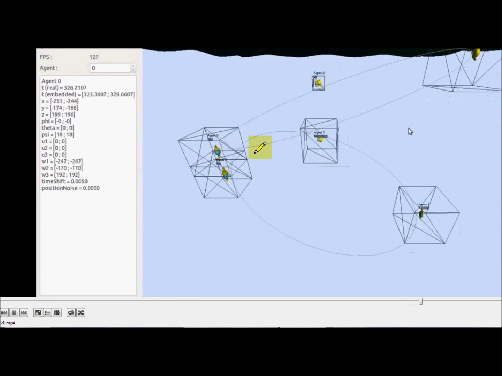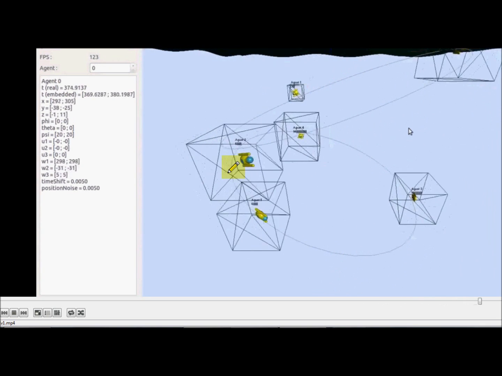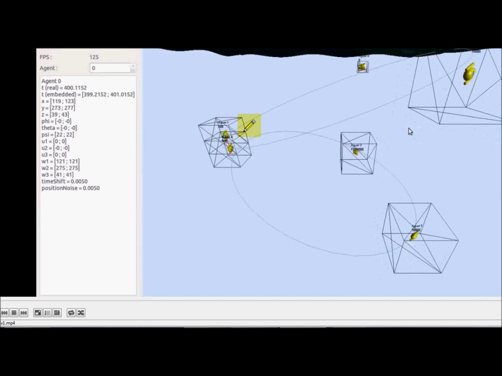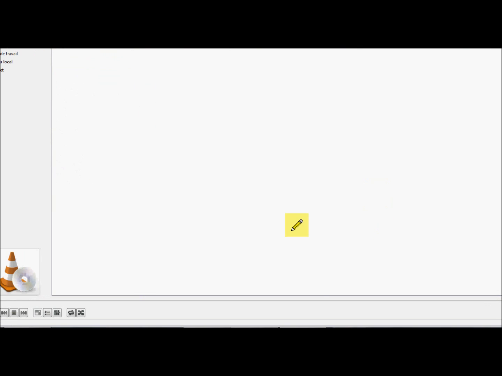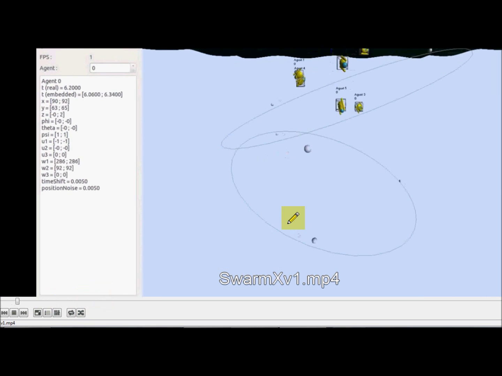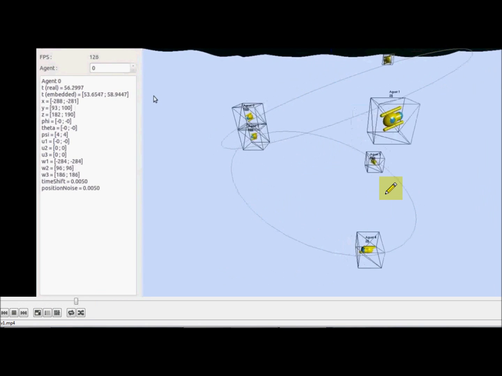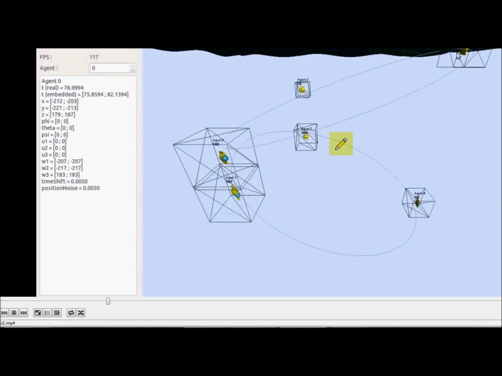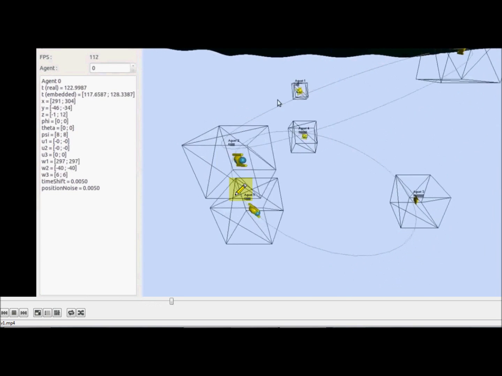When they are near one another, they are able to communicate their position and measure the distance, and we can see that some robots were able to contract their position. So these robots are able to contract their position without using the GPS, but only by measuring some distances to some other robots.